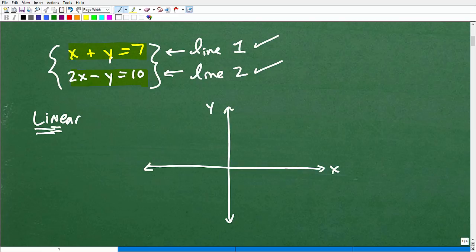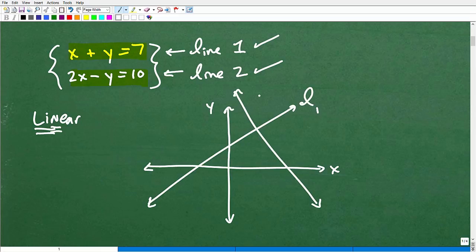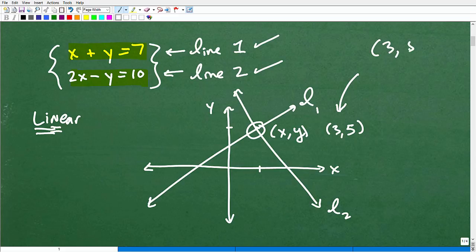And I said, okay, let's go ahead and graph this line. Let's say that line went this way, we'll call it line 1, and then line 2 went this way if I graphed it. The point where those two lines intersect is some xy point. Let's say on this graph it was at 3, 5.